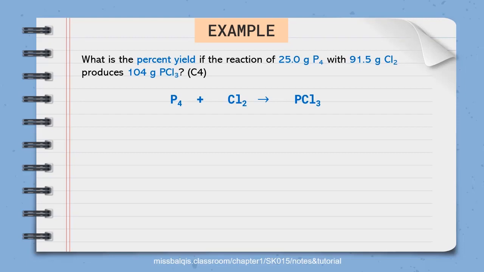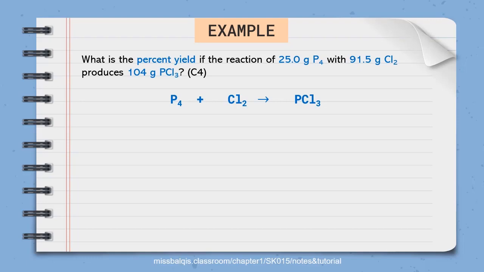Before we proceed with anything, make sure to balance the equation first if it is still unbalanced. We got just a chemical equation, so let's do the inspection method. Start with the monoatom, the P. On the left we have 4P, on the right we got only 1P, so we need to times it with 4. When you multiply 4 with P, you're going to affect the number of Cl as well.